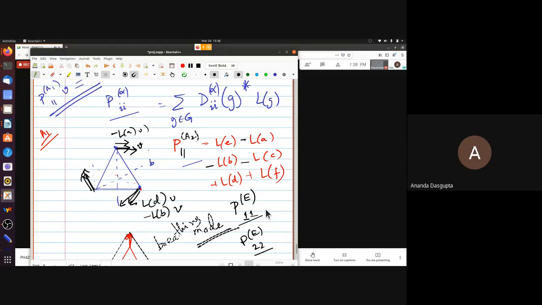So just the character will not do. When you're talking about projection operators, when you're trying to find basis vectors for these irreducible representations, the character table is not adequate. You have to actually fall back on the full representation, because the character only gives you the sum of the two diagonal elements, right?